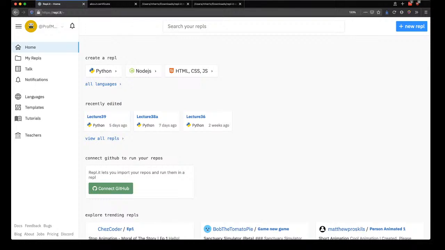Here I happen to be on the Replit site, and if you click on that lock, you can get information about the certificates that we're using for that HTTPS connection.